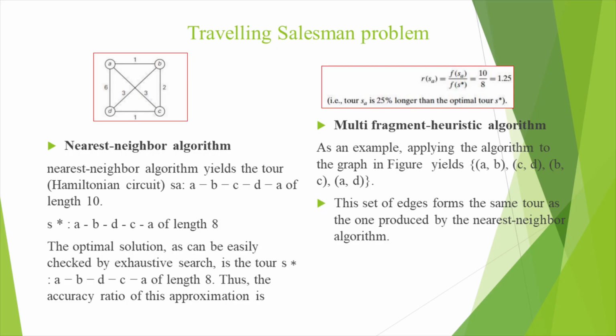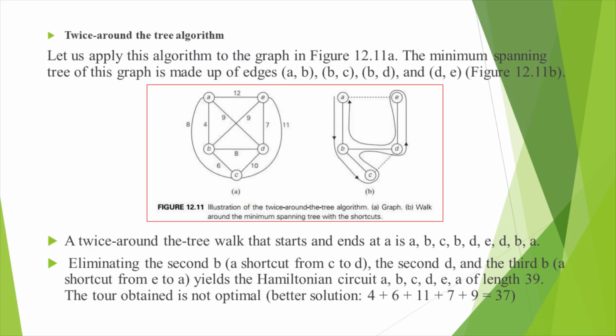So here multi-fragment heuristic often gives a better or equal solution when compared to the nearest neighbor. The last method is the twice around the tree algorithm. Here we follow these steps: first, we should build a minimum spanning tree of a graph according to the given instance of the traveling salesman problem.